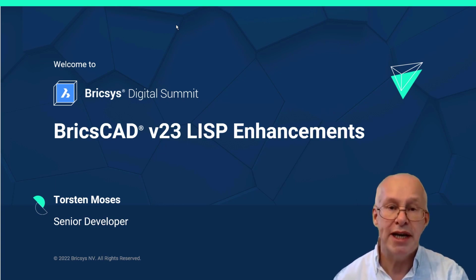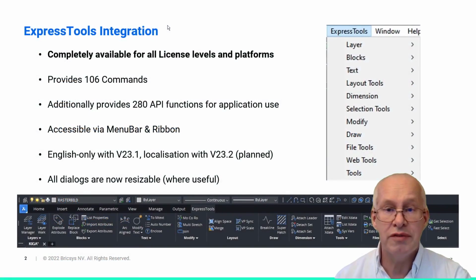As with every major release, the LISP interface got a number of new functionality and extensions, this year mainly in the areas of BIM and mechanical, but there are also a number of general proposed improvements. With version 23, we offer the Express tools as a native built-in component of BricsCAD for all licenses and all platforms.